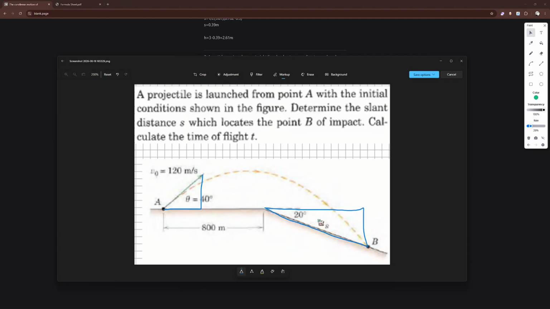So we have the angle, and we're trying to solve for this point B, which means we're going to need this height and this. Determine the slant distance S. We only really need either this or that, because then we just use trig and get S. Nice and easy question, right?